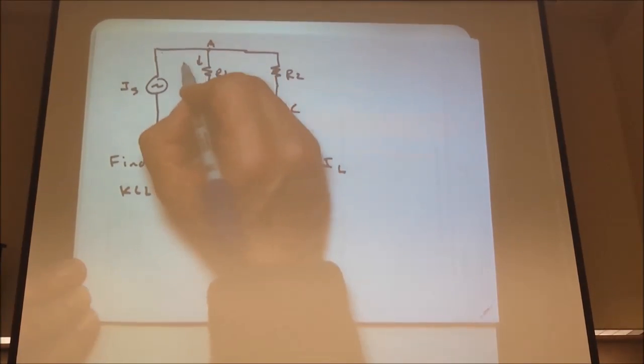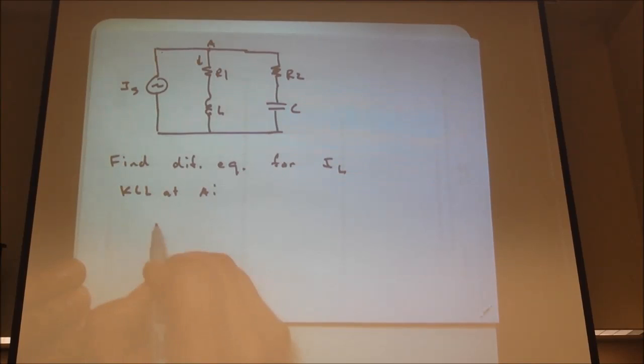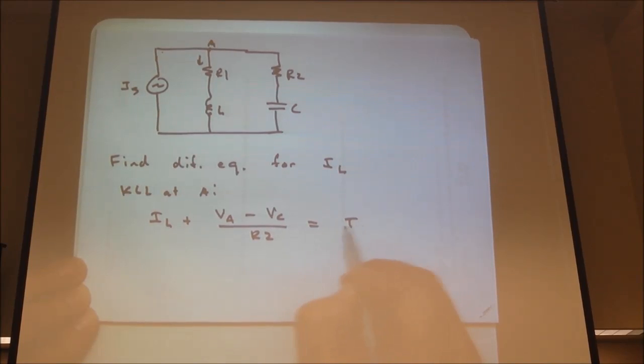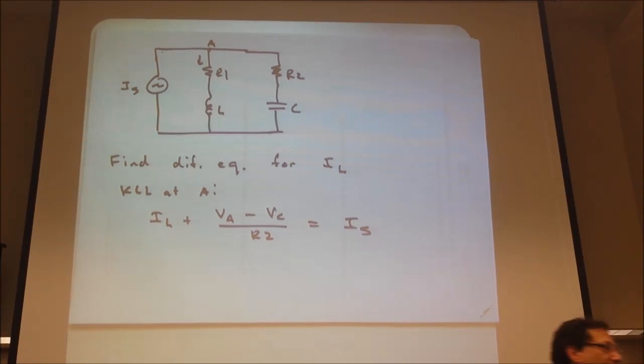Well, that's IL, clearly. So we can say IL plus (VA minus VC) over R2 equals I source. So there's our parameter of interest. There's our source term. There's a VA and there's a VC, which is a little bit problematic.